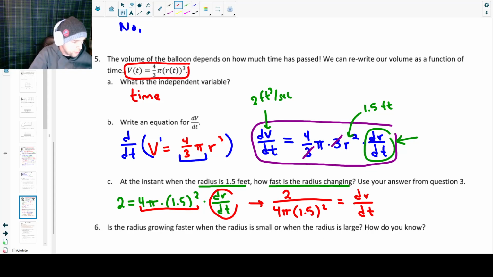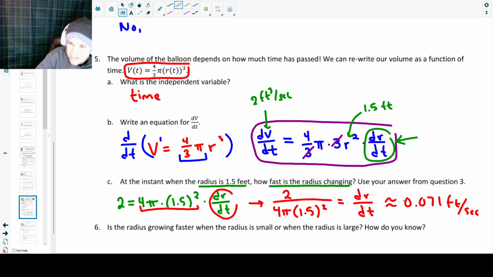So I'm going to go ahead and use my calculator here and just approximate that. This is approximately equal to 0.071 units. Change in radius per change in time, that's going to be feet, because radius is in feet, per time, which is in seconds. So this is how our radius is changing with respect to time.